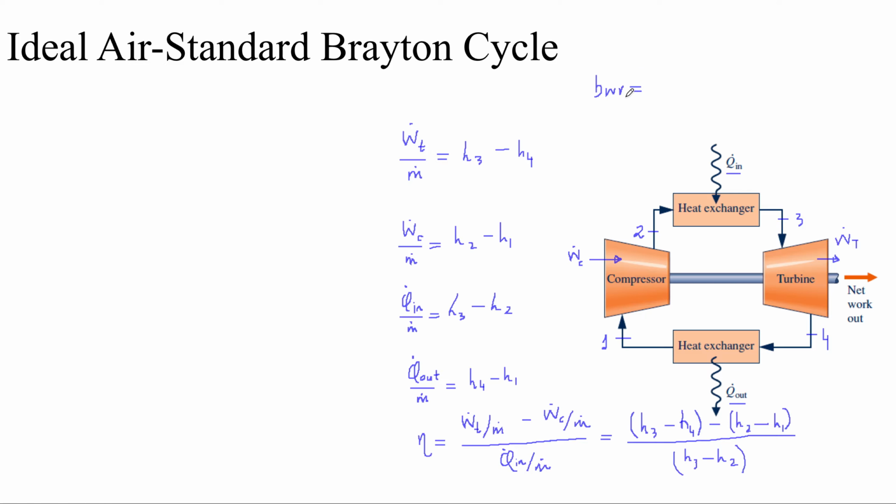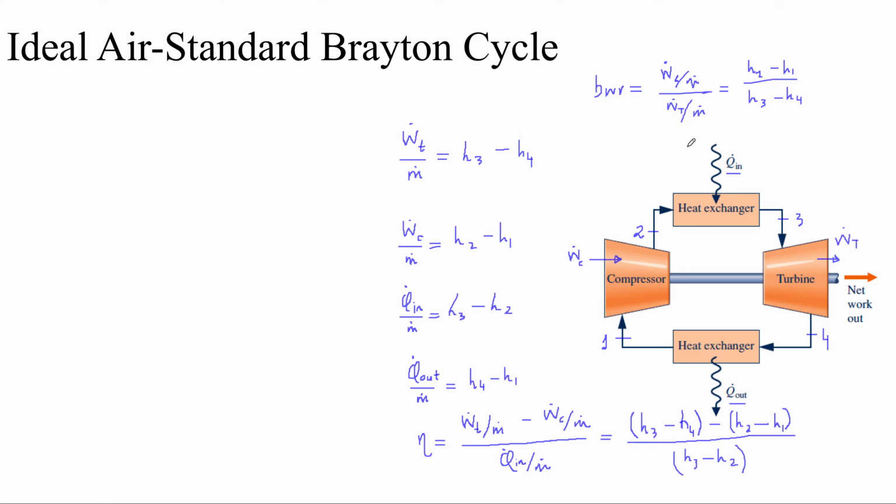The back work ratio is a ratio of the work that is provided within the cycle, so work done across the compressor, divided by the work that is extracted through the cycle, so that would be work done across the turbine. And then the values can be substituted here in terms of enthalpies.